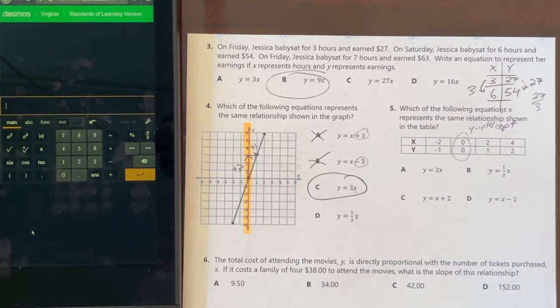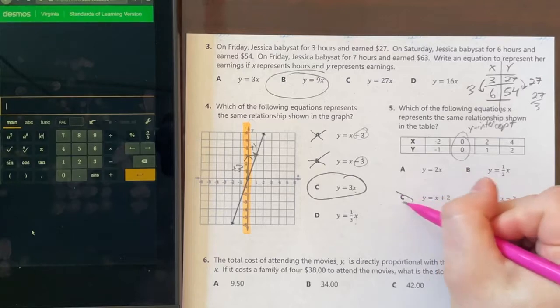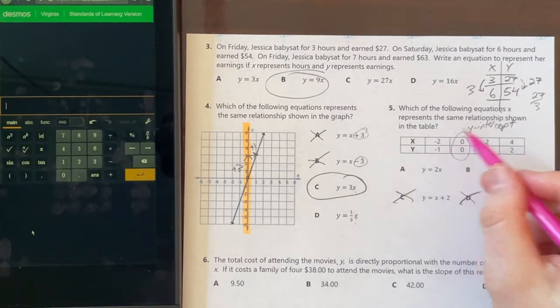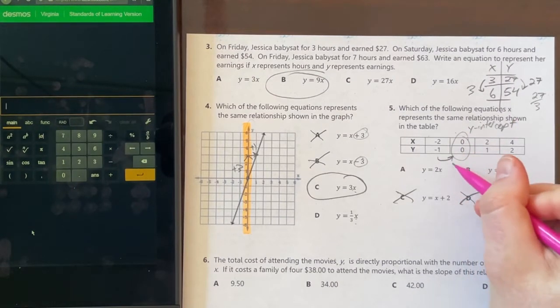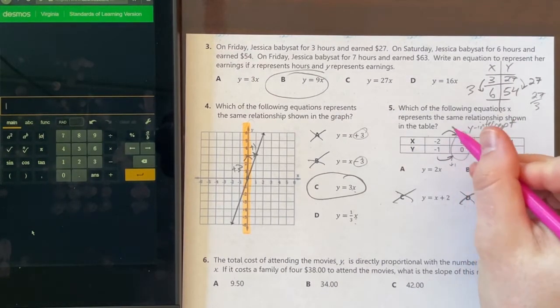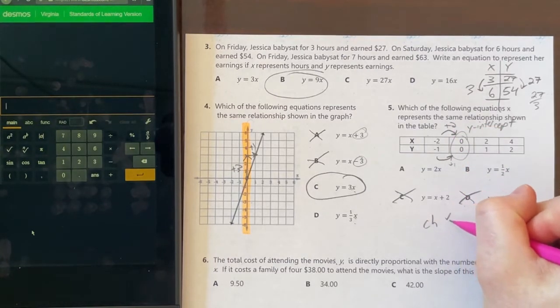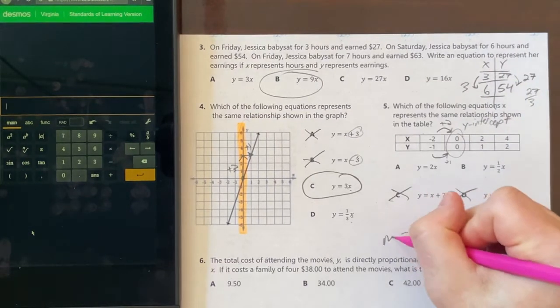Again, that's an easy way to be able to eliminate some answers. That means I need to have a y-intercept of 0, meaning C and D can't be answers. And so let's figure out, what's my change in y? Change in y is +1, change in x is +2. So that means I have change in y over change in x, always slope.